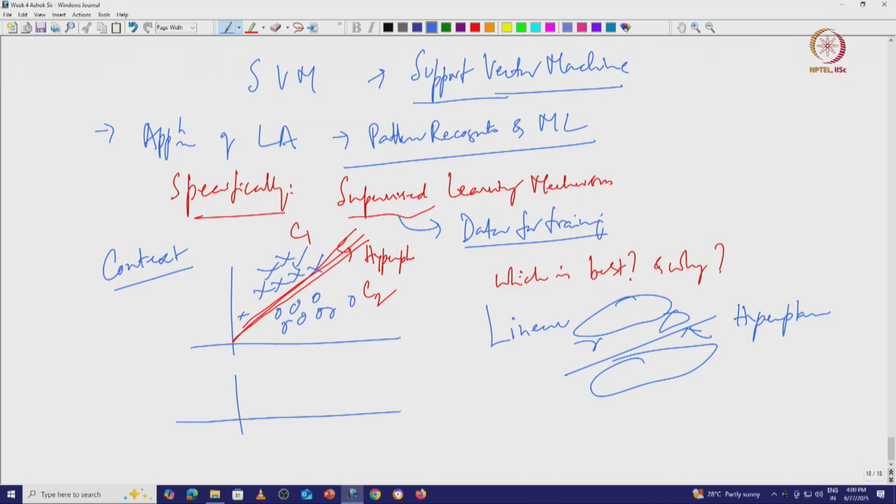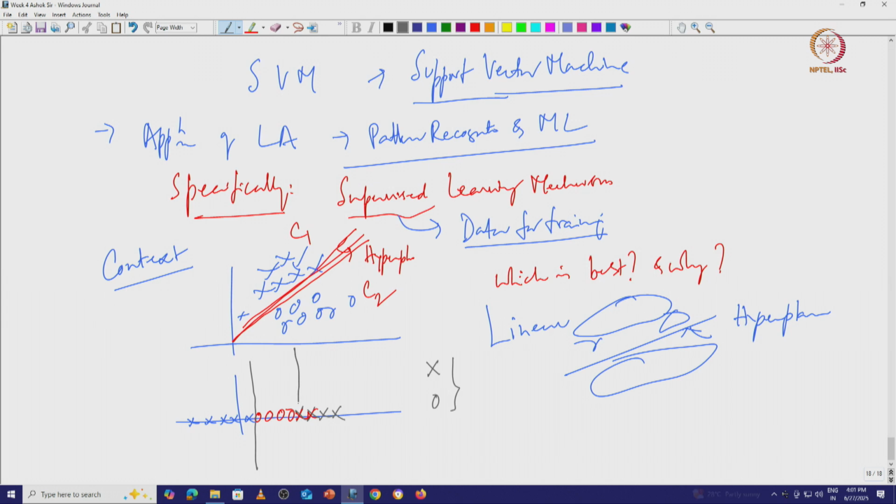So let's take this problem where we have data like this. Now separate all x from 0. You can do one separation like this, but these x's remain.